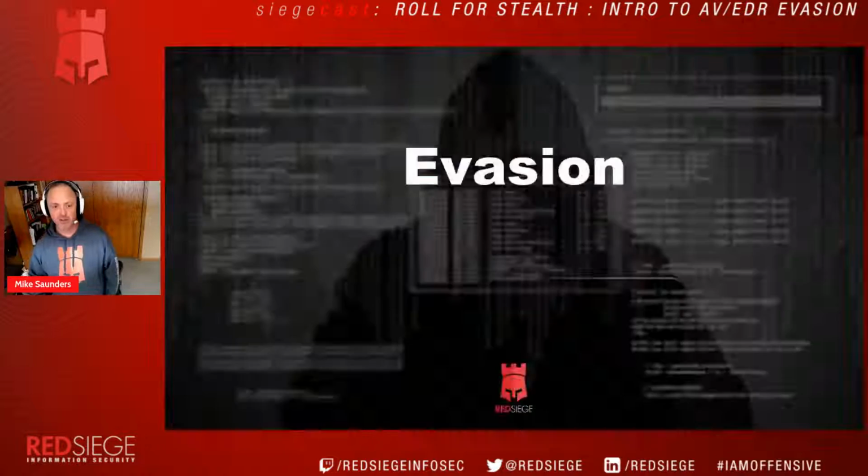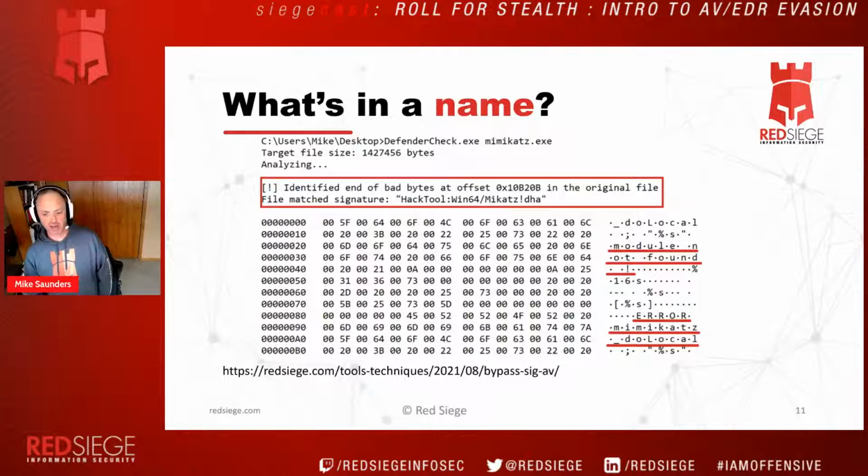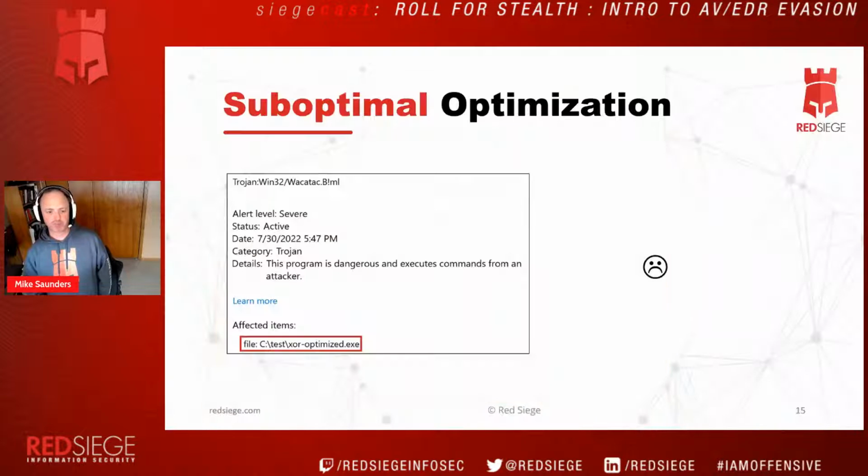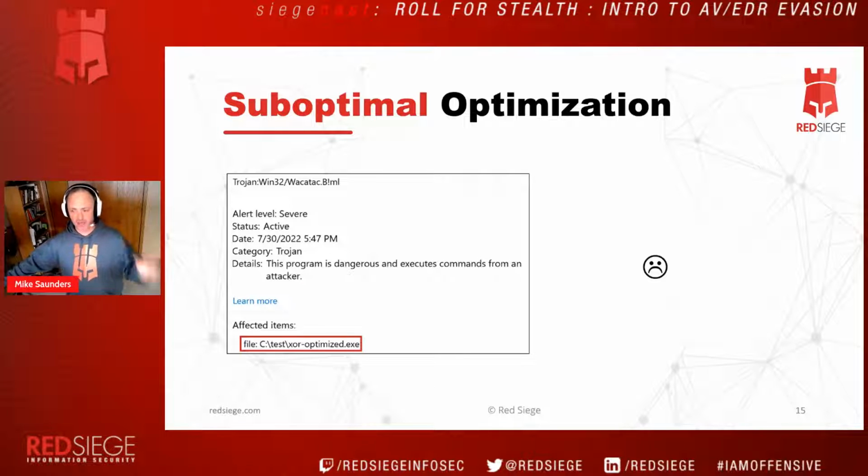If you remember, back when we were talking about DefenderCheck, I'm running DefenderCheck on my binary. I can see that there are these bytes. I can't really match it up to any strings, but I can see there's an error at a particular offset in the file, and it's the same bytes. So I make some changes, and the same thing happens.